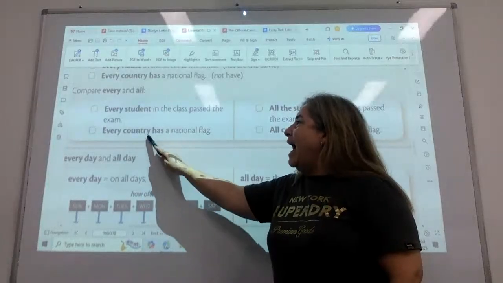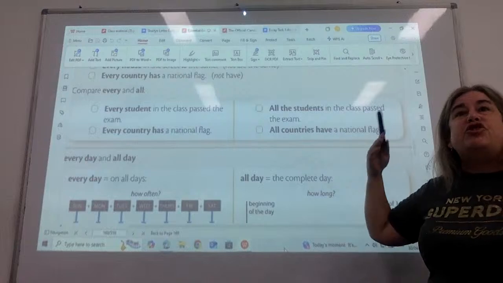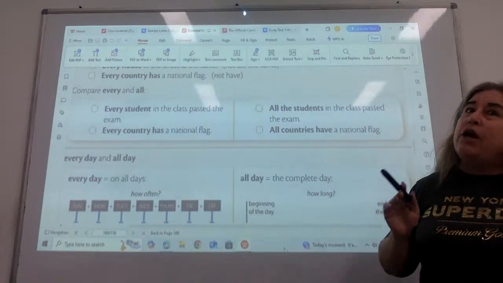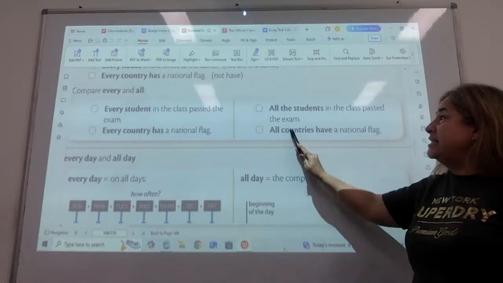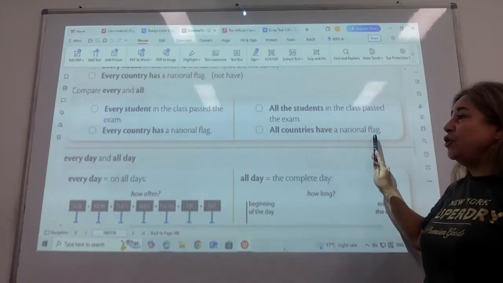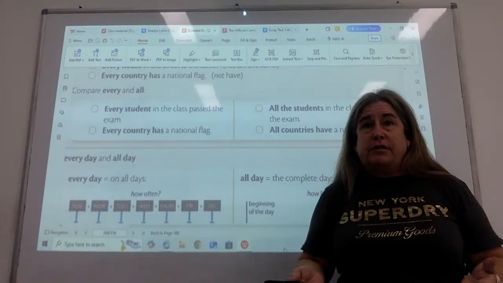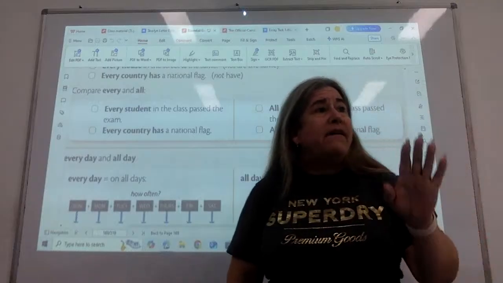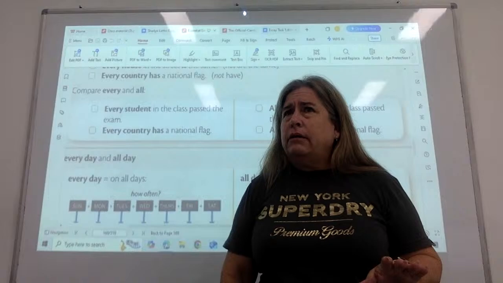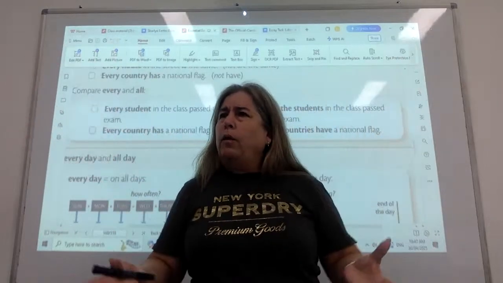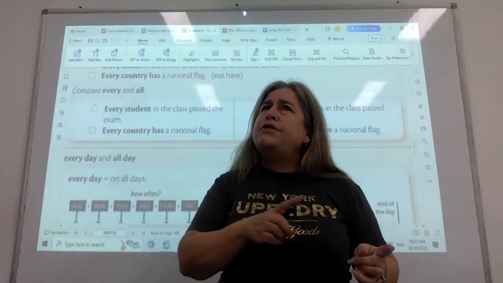Every country has a national flag. All countries. This is general, so no the. You don't say all the countries. All countries have, because this is they, plural, a national flag. Okay? So that really is the only difference. But people get very confused because they go, everybody. But you're talking about all. Yes, that's correct. But then why do I use it with a singular verb?